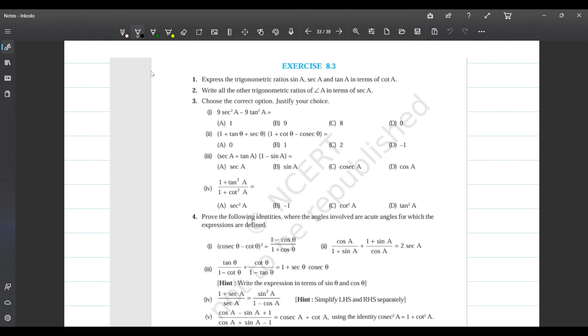So in the third part, the first answer is 9, the second answer is 2, the third answer is cos A, and the fourth answer is tan square A. So this is all about exercise 8.3, and in the next video we will discuss question 4. So thank you.